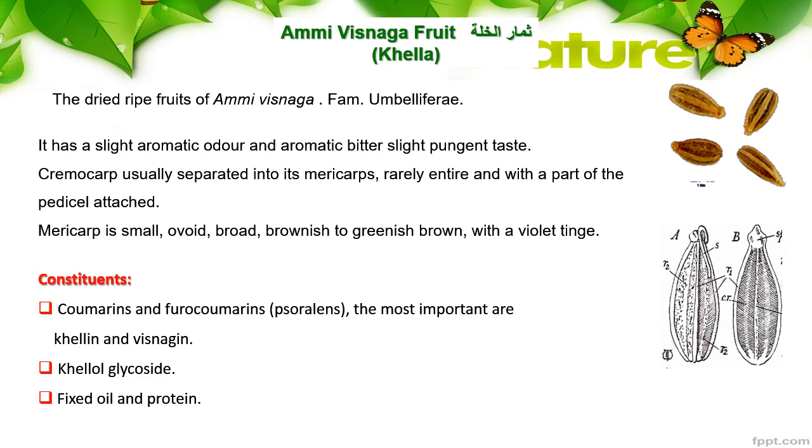The cremocarp usually separated into its mericarps, rarely entire, if entire, showing the attached pedicel. The mericarp is small, ovoid, broad, with brownish to greenish brown color and bearing violet tinge, also bearing stylopod or remaining of sepals.